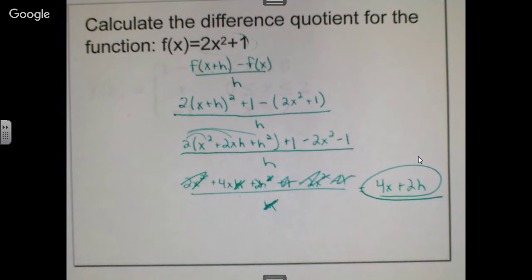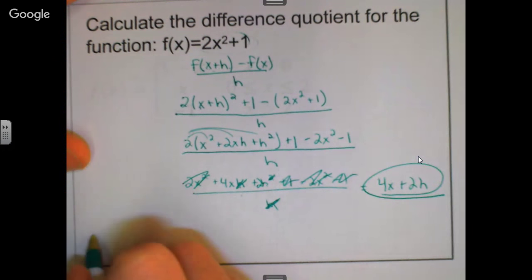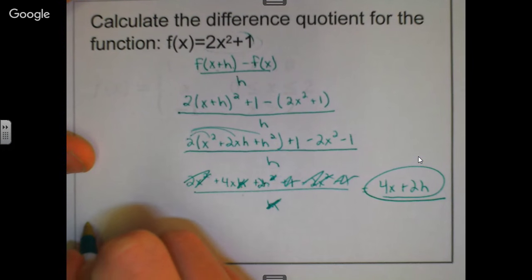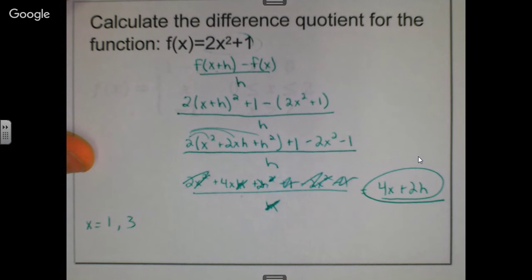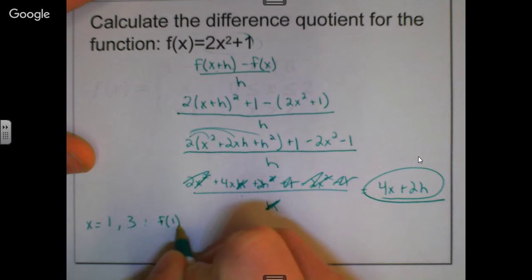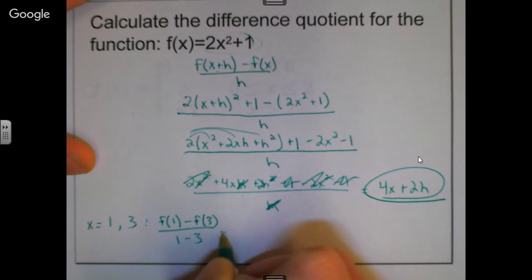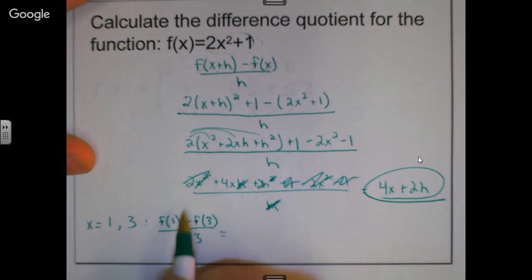And that will find the average rate of change anywhere on this curve. For example, if I want to look at the average rate of change from x equals 1 to 3, that would be f of 1 minus f of 3 over 1 minus 3. Well, to find f of 1, I put 1 in up here.